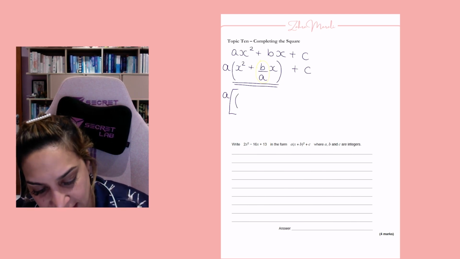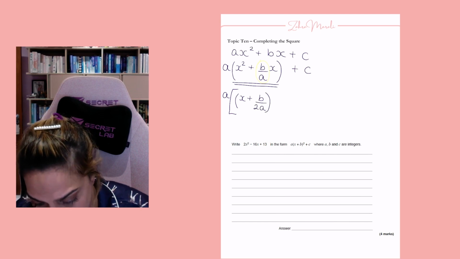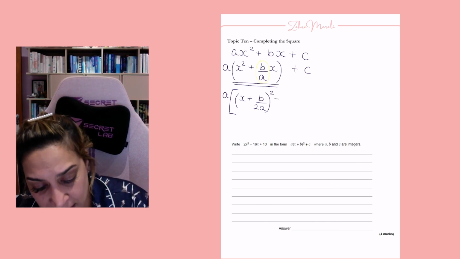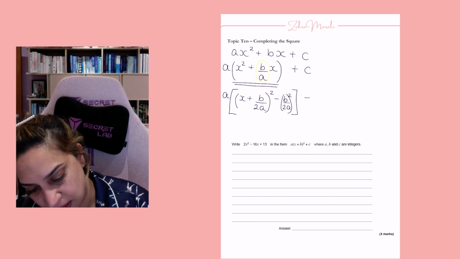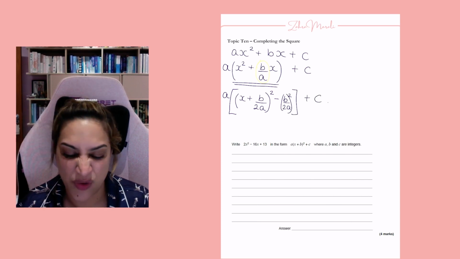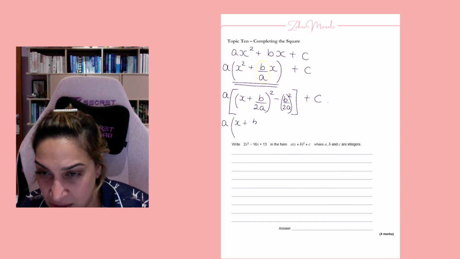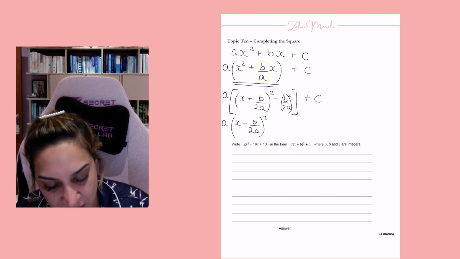So I get x plus b over 2a, squared. And then I minus that squared, whatever that value is, plus c. And if you're really interested, if you were to play around with this further, make it equal to 0 and rearrange it, you'll end up with the quadratic formula.